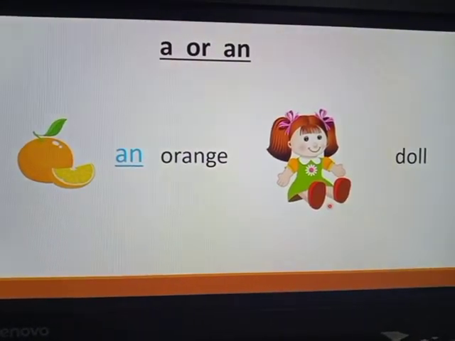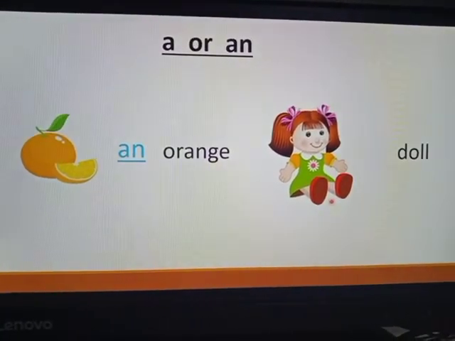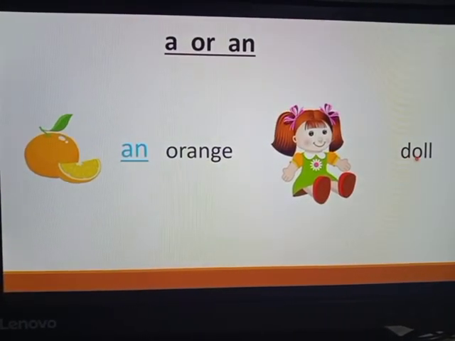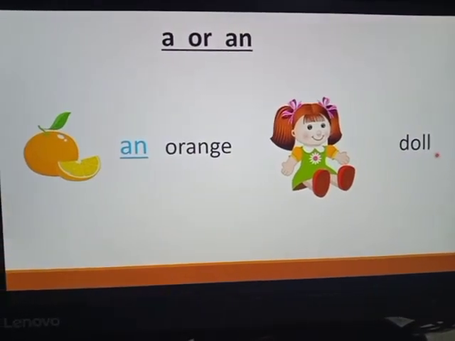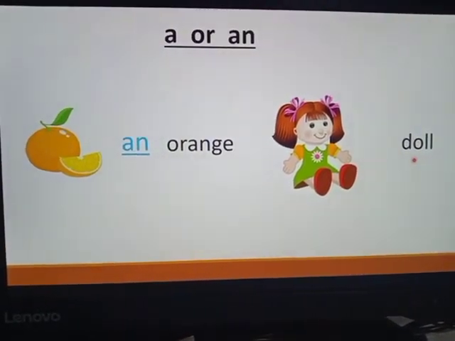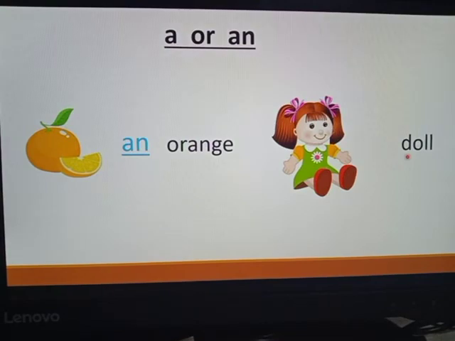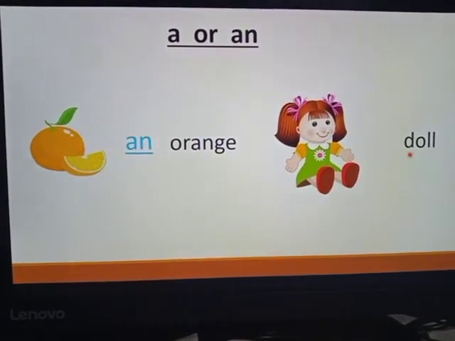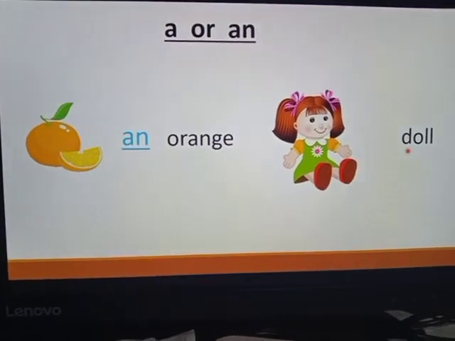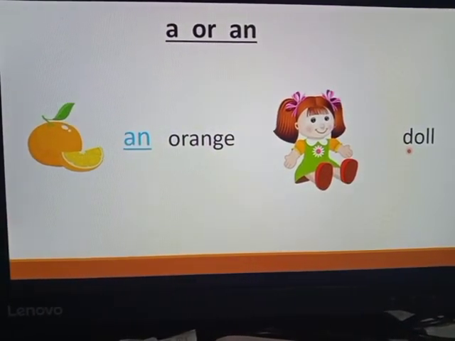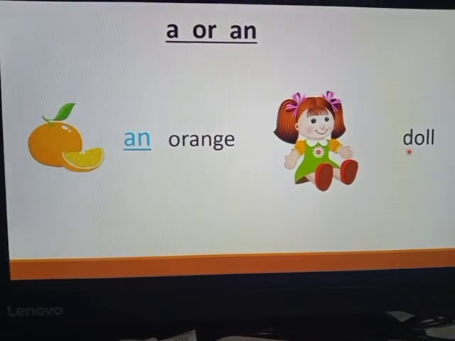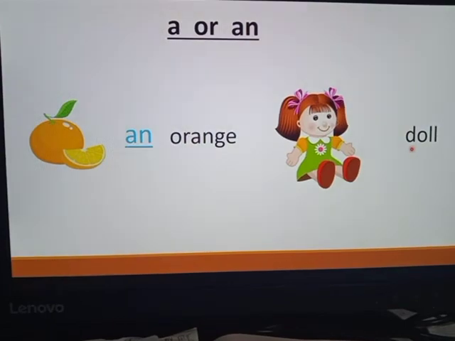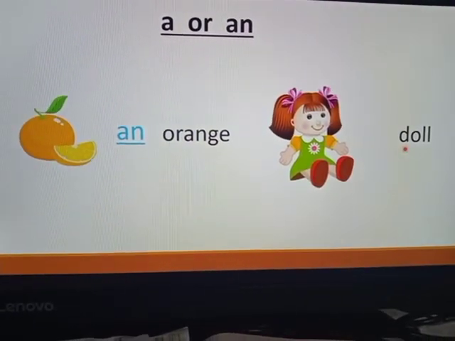Correct. It's a doll. Cute, na? Okay. Now, we'll read the spelling of this word. D-O-L-L. Doll. Now tell me, what is the starting letter of this word? Correct. It's a D. Now tell me, D is a vowel or a consonant? Correct. It's a consonant. So, what do we have to use, a or an?